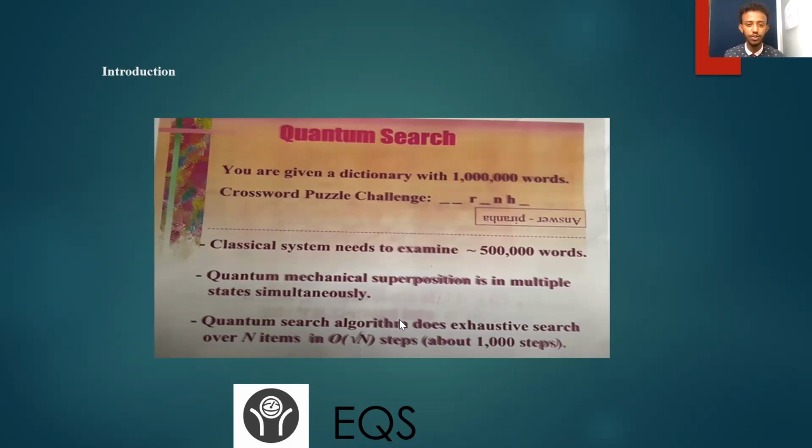The correct word for this puzzle is piranha, but a quantum mechanical superposition through Grover's algorithm would take advantage of the structure provided by the algorithm, and it would reduce the time taken by a square root factor, or a quadratic factor. That means a quantum search algorithm would find the right answer within 1,000 steps.